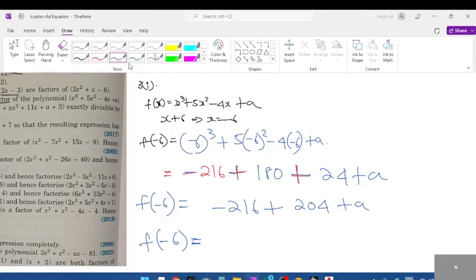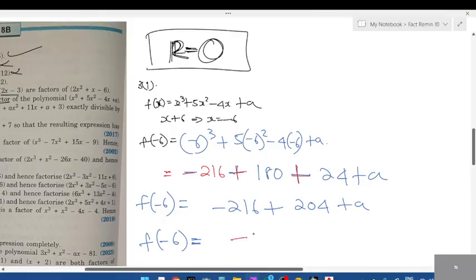Wrong. It's not 12. Minus 12 plus a. So according to the factor theorem, you should get 0, students. We are not getting 0 here. Right? We have minus 12 plus a.